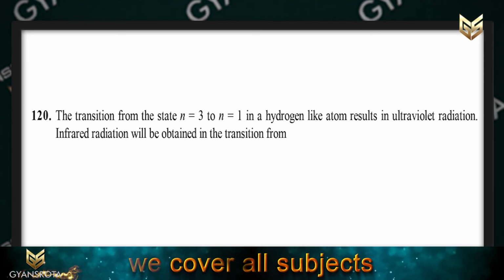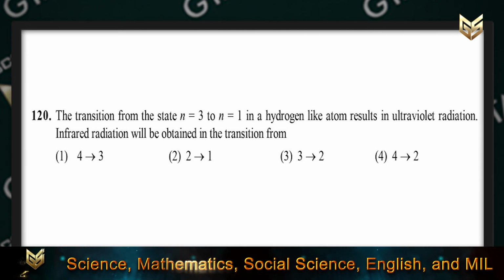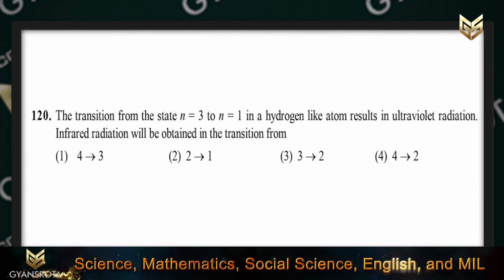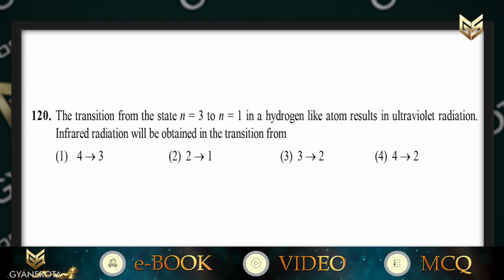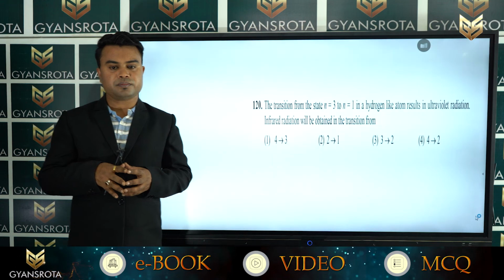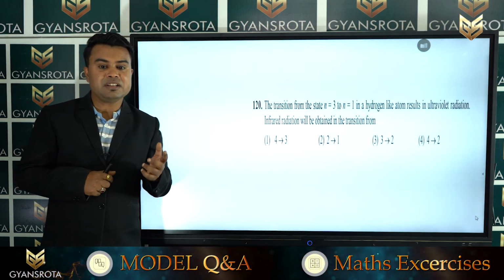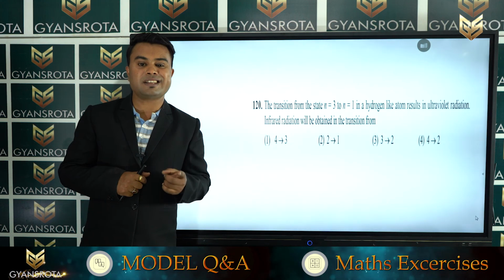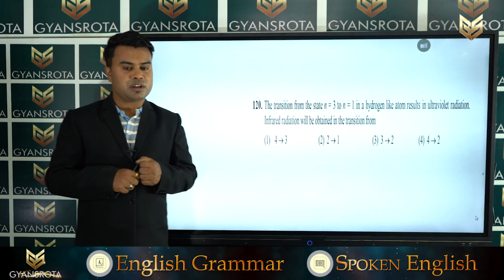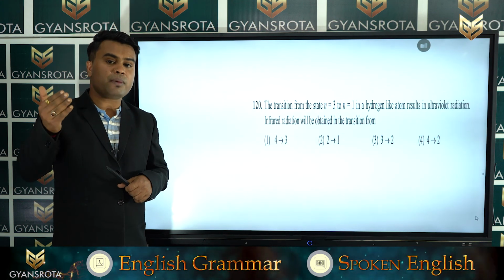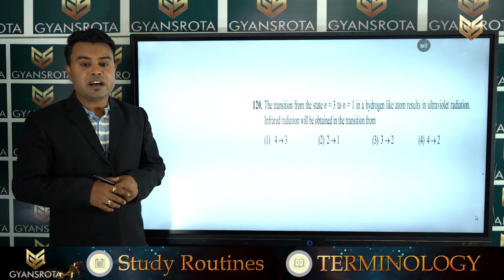The transition from the state n equals to 3 to n equals to 1 in a hydrogen-like atom results in ultraviolet radiation. Infrared will be obtained in the transition from. Now you need to know which series it is falling in. n equals 3 to n equals 1 is in the Lyman series, and then see the options. For the infrared region, it has to jump between higher levels.